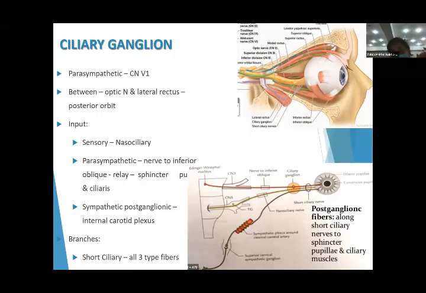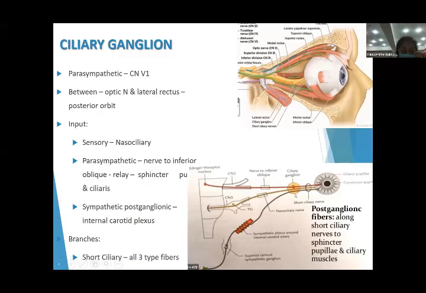These sensory fibers pass through the ciliary ganglion but do not relay in the ganglion. Remember, it's a parasympathetic ganglion, so only parasympathetic fibers will relay in it. All the other fibers, the sensory and the sympathetic, pass through the ganglion but do not relay, because this is basically a parasympathetic ganglion.